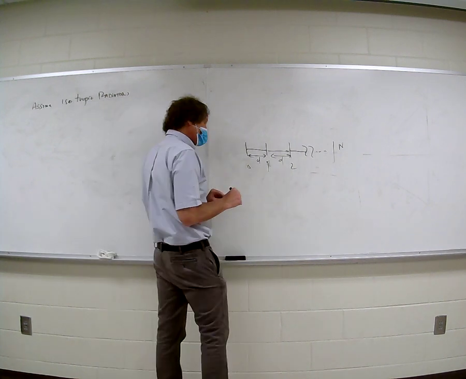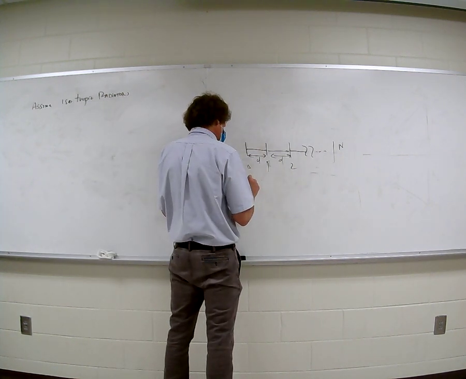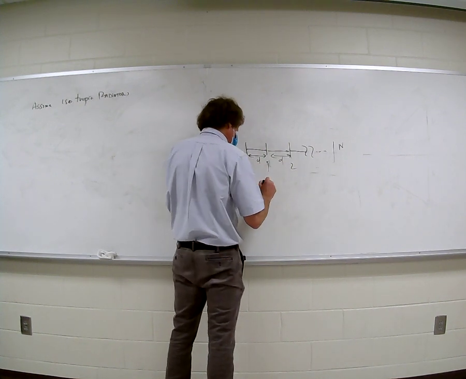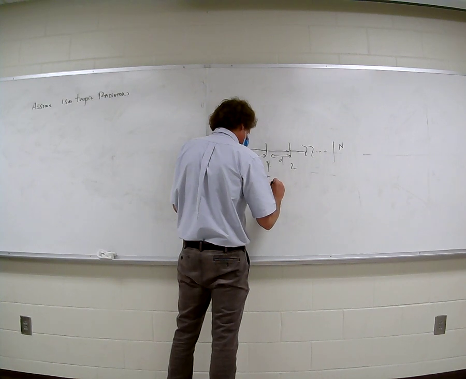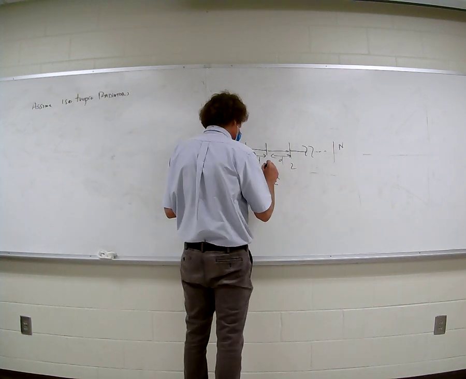I'm going to do one other thing. I'm going to say that the current here, on the first one, is I naught. This current here is I naught, but it can have a possible phase change of alpha. This is called a progressive phase change.